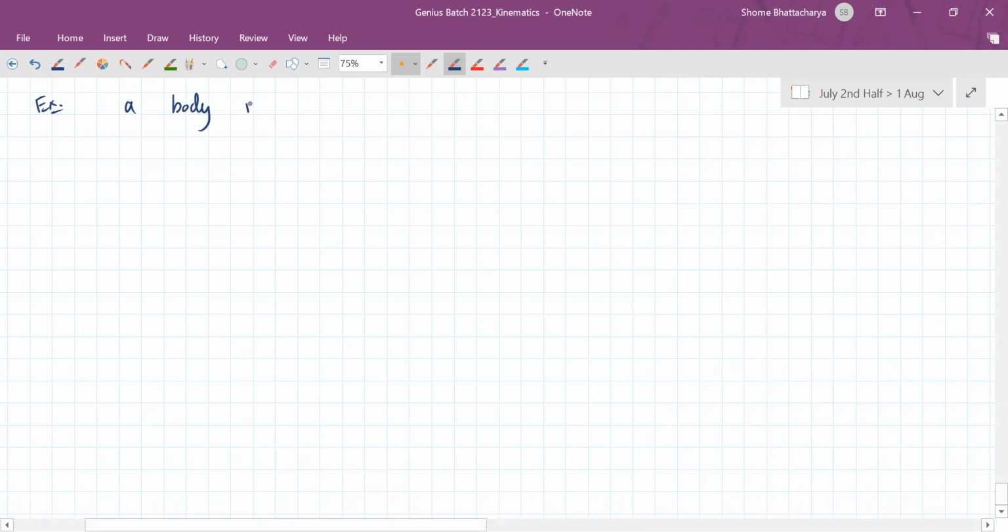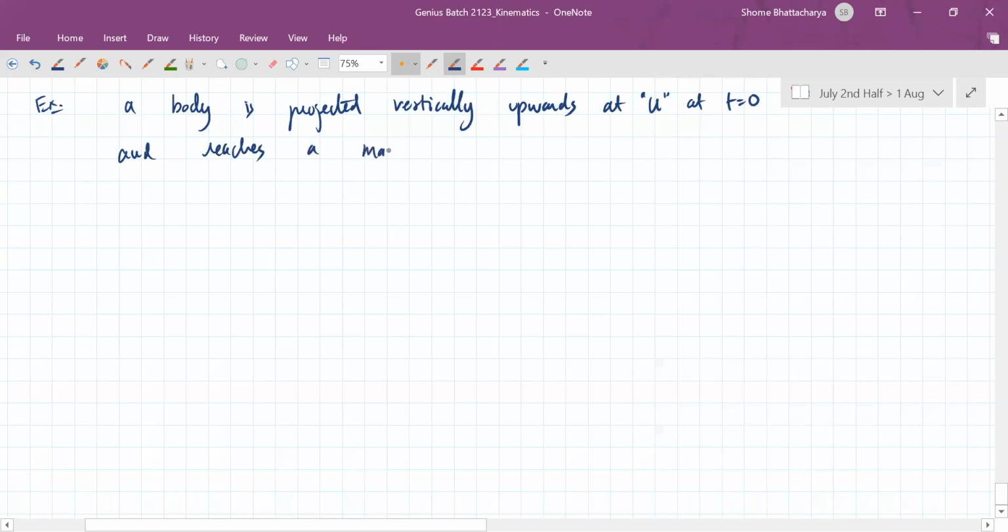A body is projected vertically upwards at velocity u at time t equal to 0 and reaches a maximum height of, let's say, 125 meters. Take g equal to 10 meters per second square.